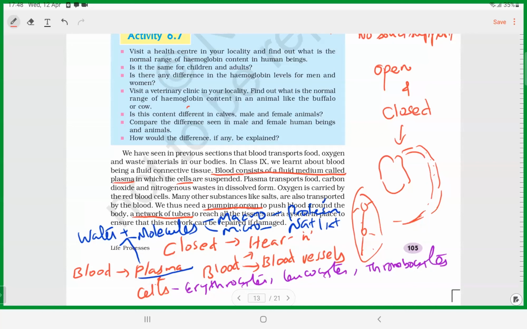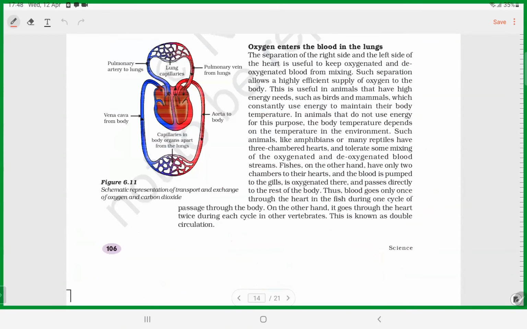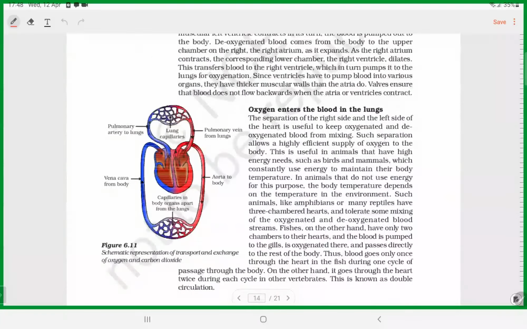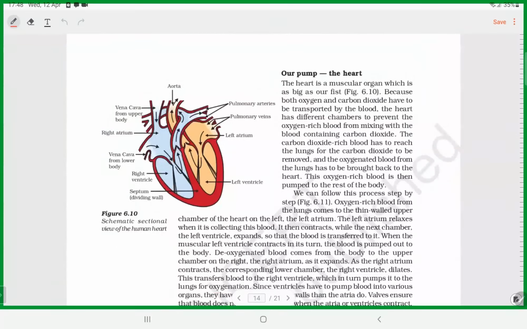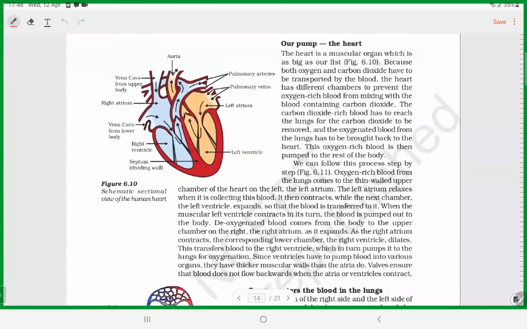And now we'll discuss the pumping organ, the heart. The heart is actually a muscular organ. How big is it?